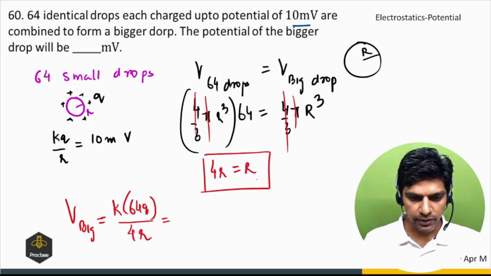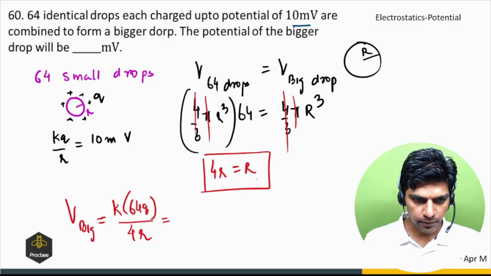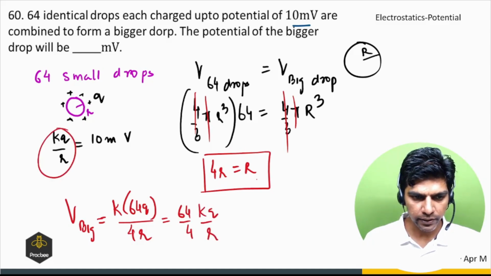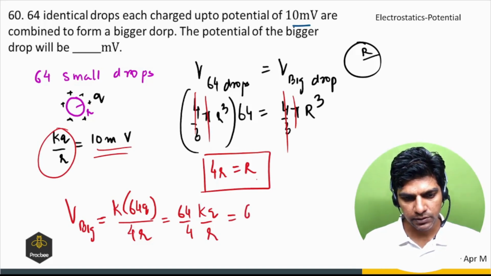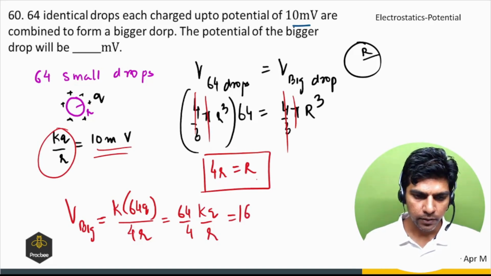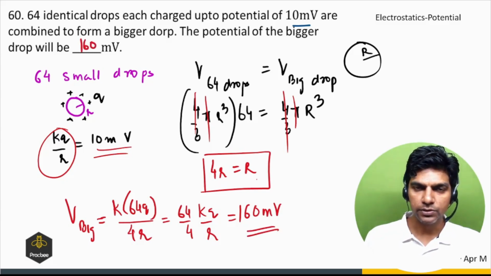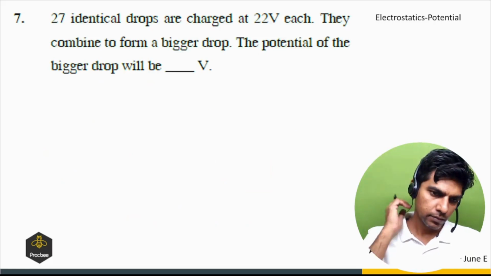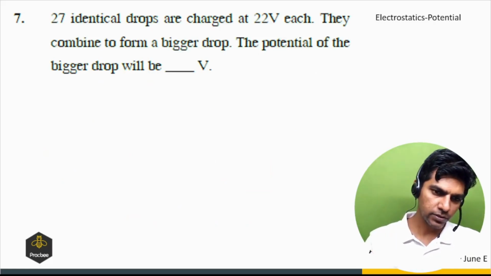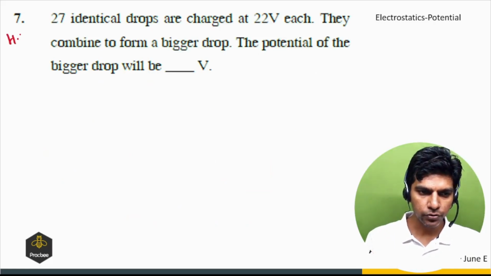So this can be written as 64 by 4 times kq by r, and kq by r is 10 millivolts. So this will be 160 millivolts, right? So 160 is the answer of this question. And this question is based on the same concept that you can do on your own. The same logic we have to apply.